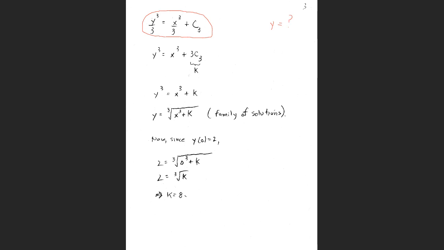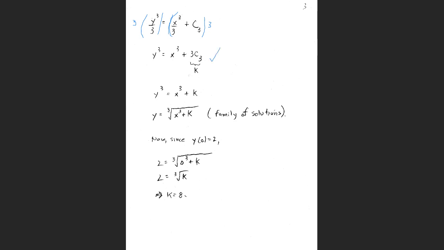And so what I'll do is multiply both sides of this equation by 3. So I get a y cubed on the left side. And so y cubed then will equal x cubed plus 3 times c3.